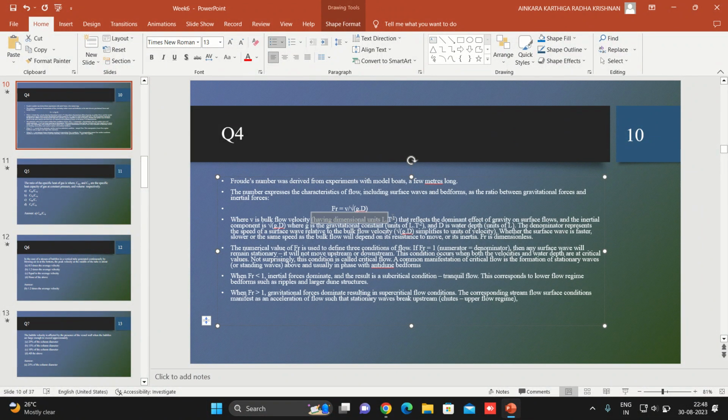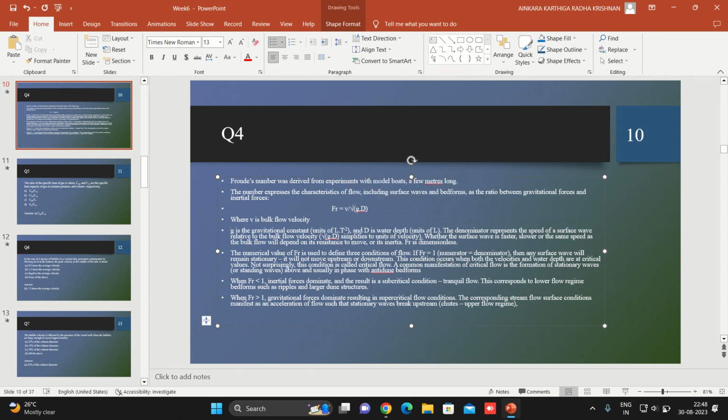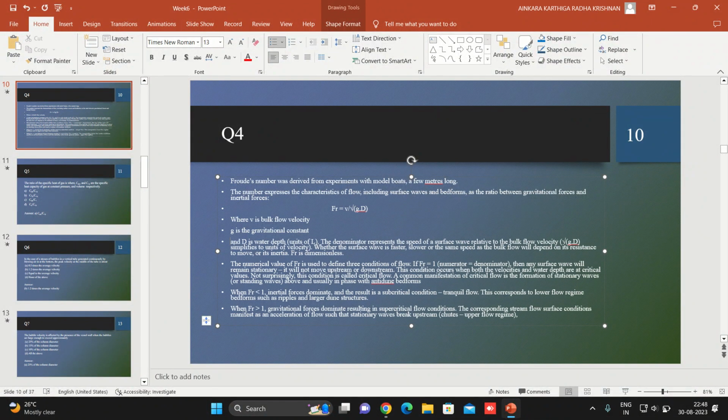This one we know: the dominant effect of gravity on surface flow, and the inertial component is the square root of GD, where D is the water depth.